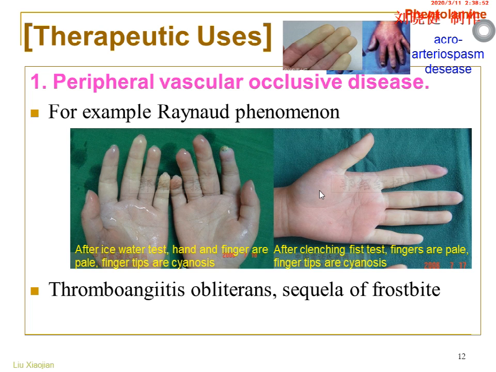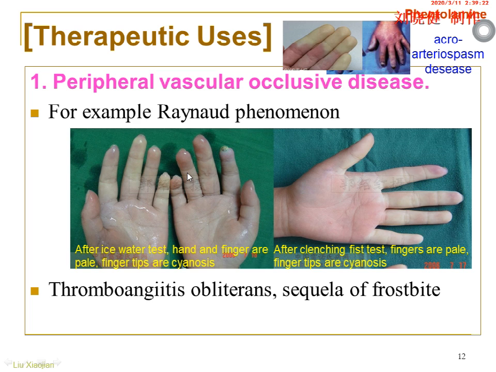But for patients with Raynaud phenomenon, after this clenching fist test, fingers are pale and the fingertips are cyanotic, because the circulation of the fingers or fingertips is not enough to recover very soon. So this is because of the acroarterial spasm.